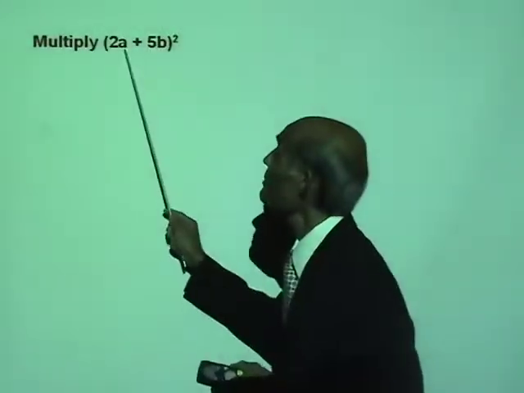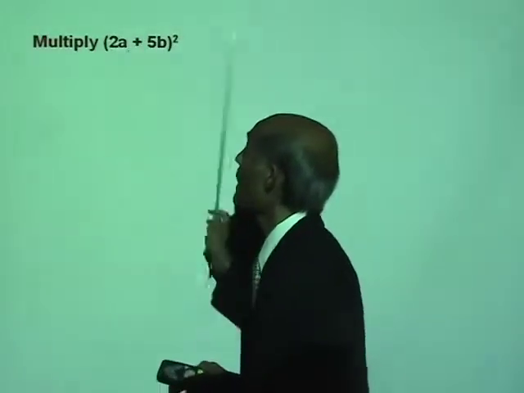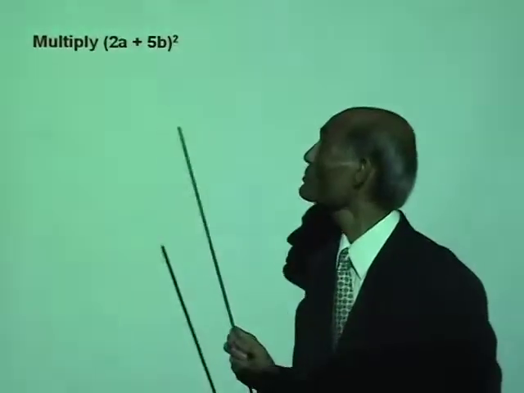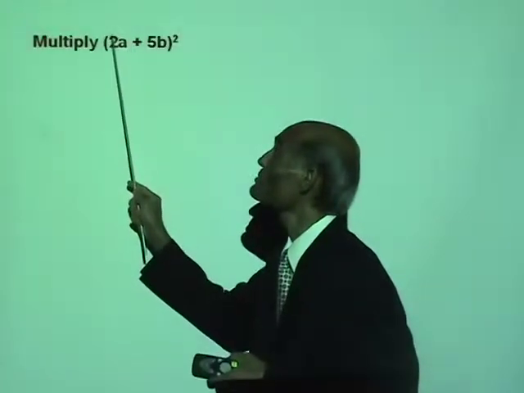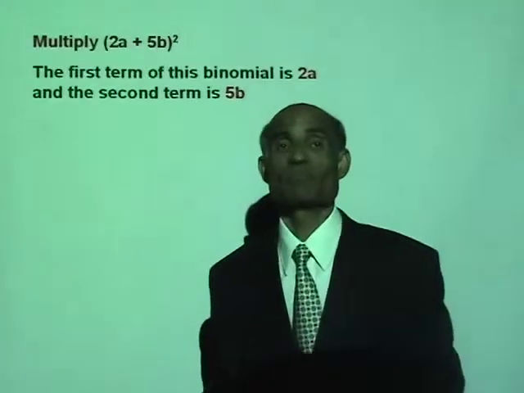Multiply 2a plus 5b all squared. 2a plus 5b all squared. Now, what are the two terms of this binomial? The first term is 2a and the second term is 5b. Now, how many terms will there be in the expansion?